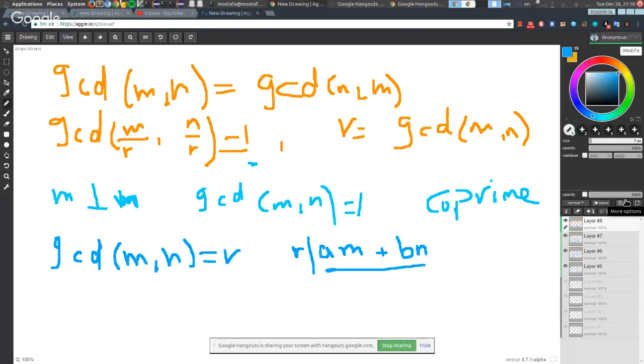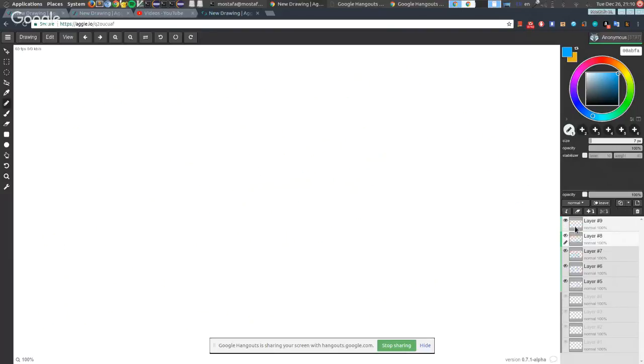So these are just some basic properties. When we get to the last property, which is more relevant to our algorithm, it's this one.